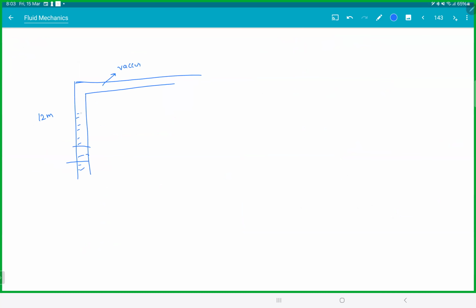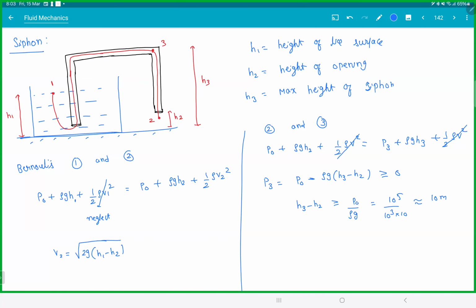It can go only up to 10 meters, no? So water won't even reach the topmost point, right? Siphon will not work only. Are you getting the catch? So for a siphon to work, there should be two conditions. One, h1 should be greater than h2. The difference in height can't be more than 10 meters. Fair enough? That is for water. Depending on the liquid, the height can be different.